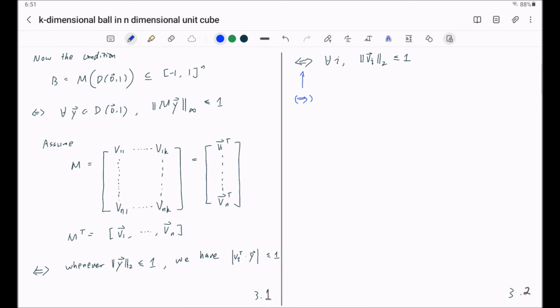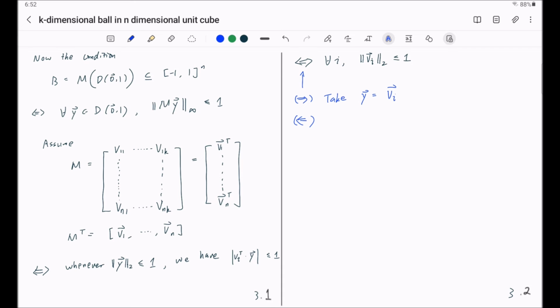For the forward direction, because this y is arbitrary, as long as it is bounded by 1 in 2 norm, you can just take the vector y to be the vector Vi. And that gives you the right hand side immediately.